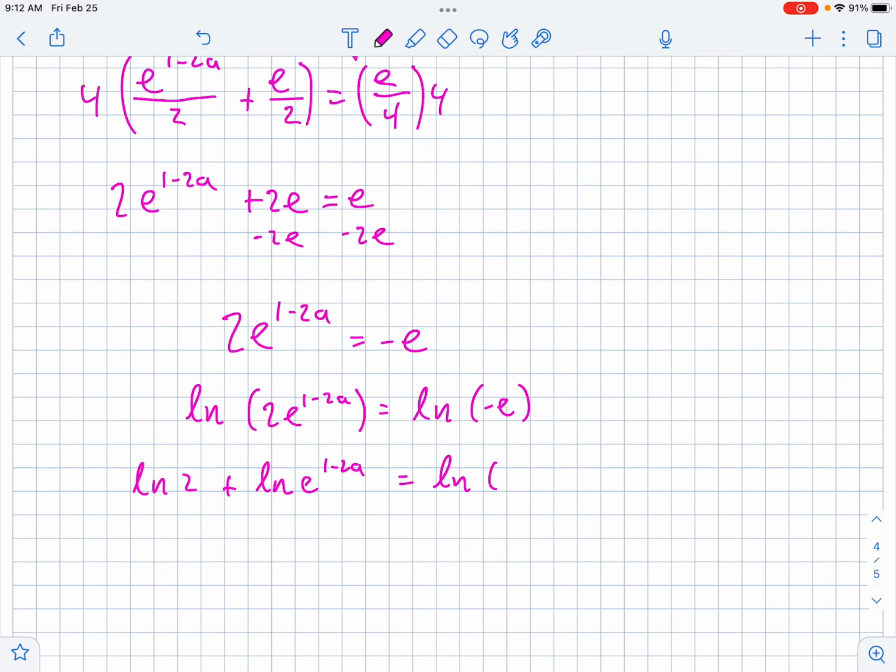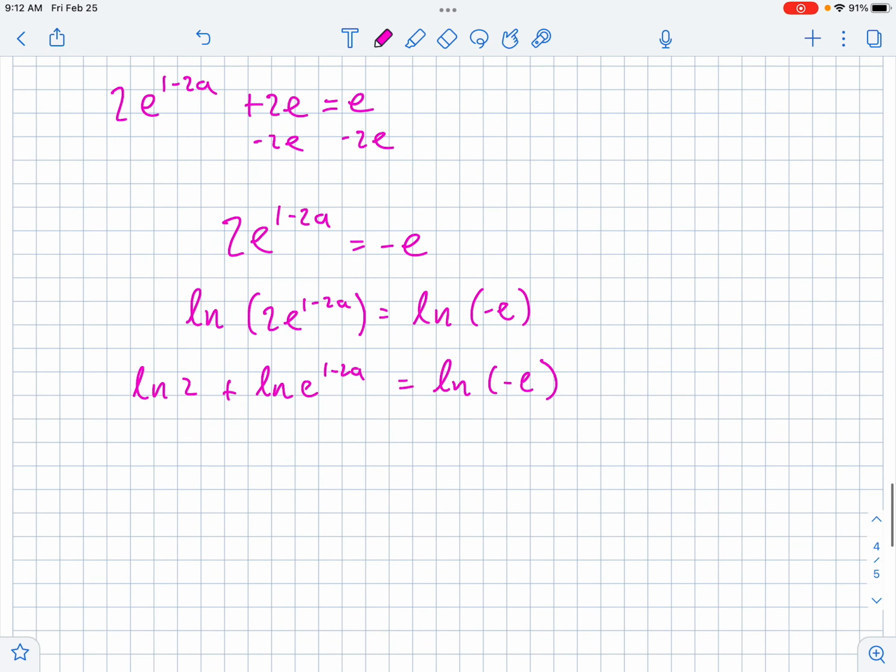And then this will just be natural log of negative e. Then we're trying to get the a by itself, so you can use that log property to bring it out in front, and also subtract the, I'm going to do two moves at once because I'm running out of time.